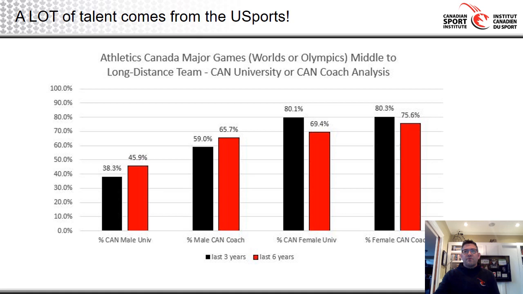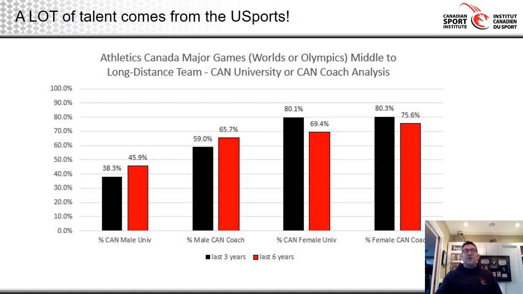We'll start here on the right and look at the percent of Canadian female university athletes that are making our team. In the last 3 years, 80% of Athletics Canada's world and Olympic team are Canadian female university athletes. And 80% of those athletes are coached by Canadian coaches.